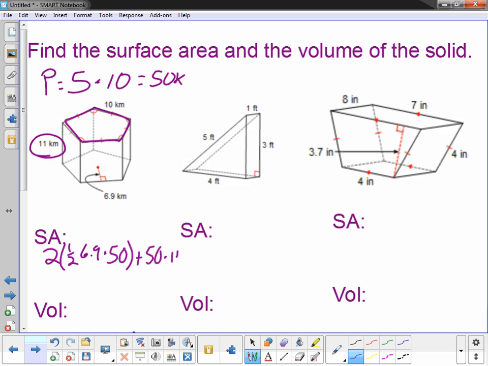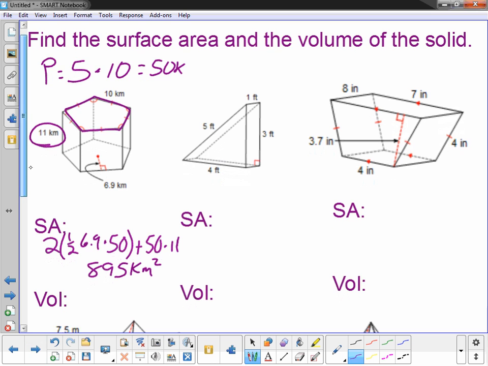This has to be the height because that's the distance between those. So now I just need to multiply that out and I get my value. So my bases come out to be 345 and my other is 550. So altogether I got 895 kilometers squared.